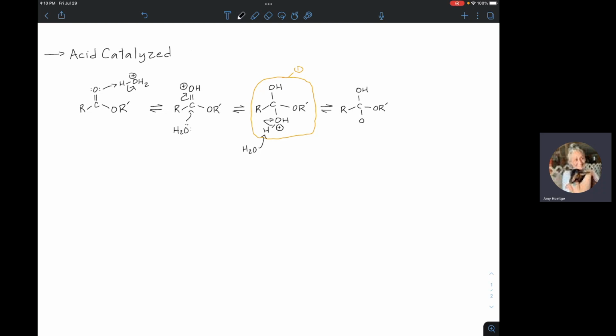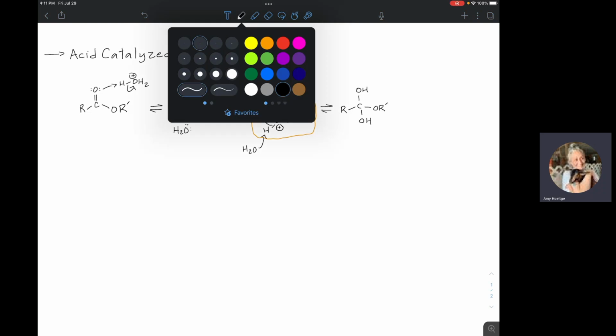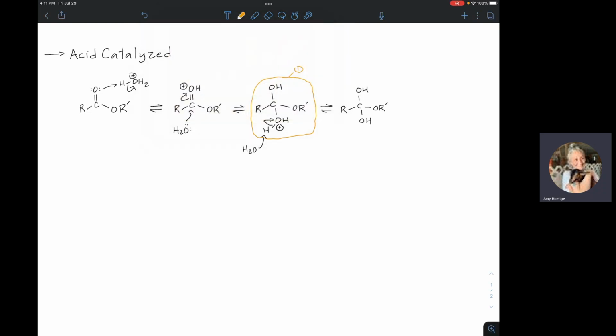So here we have our neutral tetrahedral intermediate. I'm going to circle this and say, let this be number 2. Numbering these will make it easier to look at the pattern. This little pattern pops up time and again with these particular molecules.